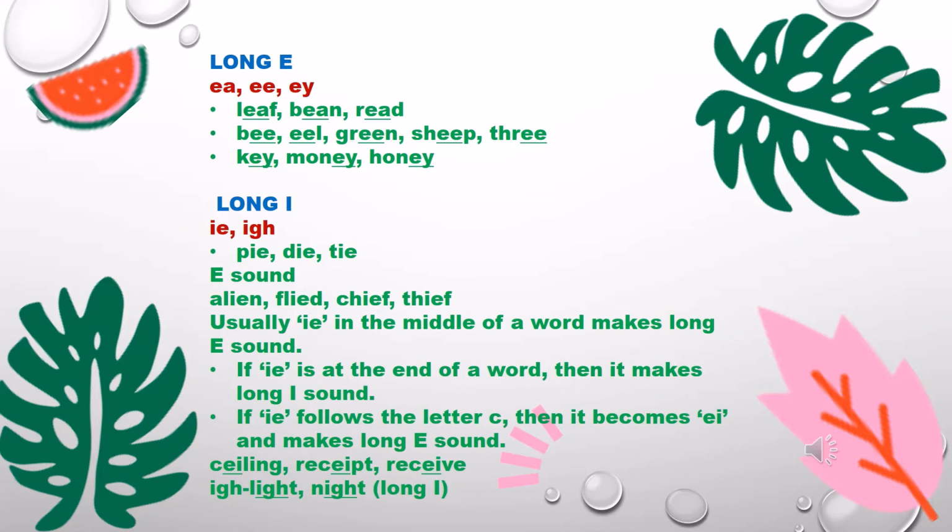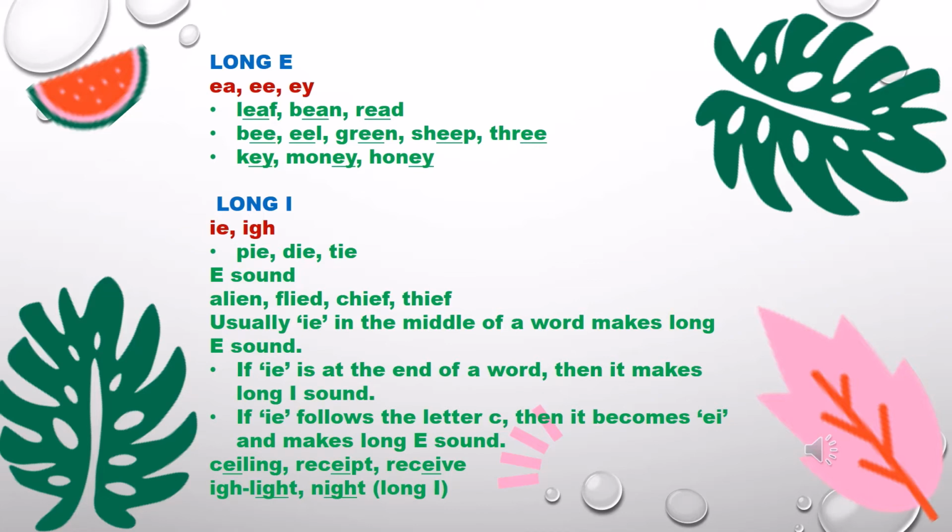Long I, pie, die, tie. E sound with example, alien, chief, thief. Usually, IE is in the middle of a word, which makes a long E sound.